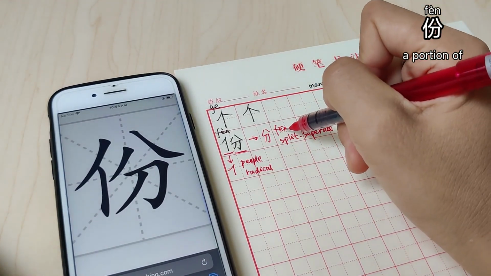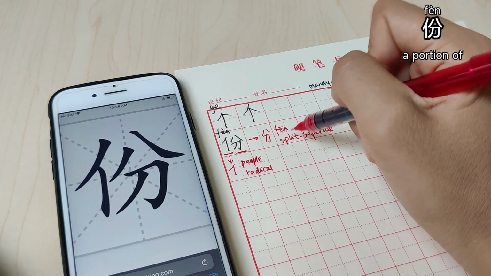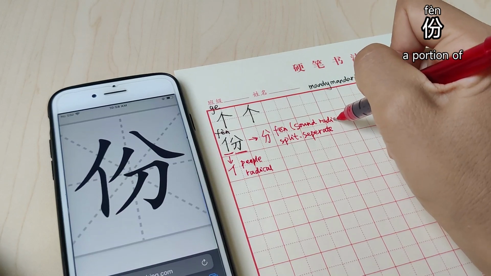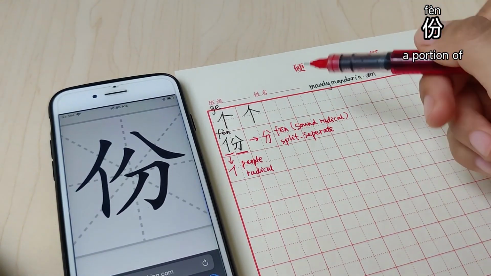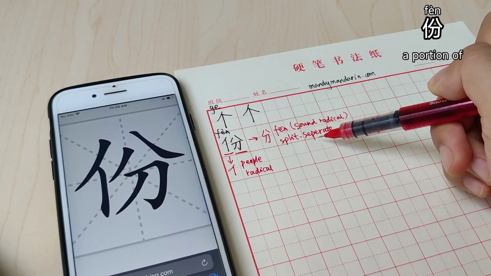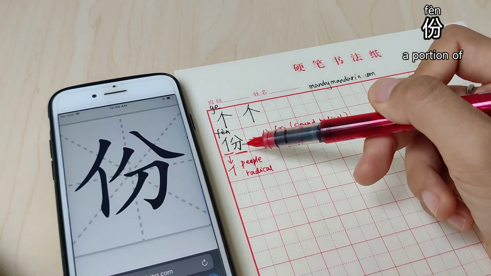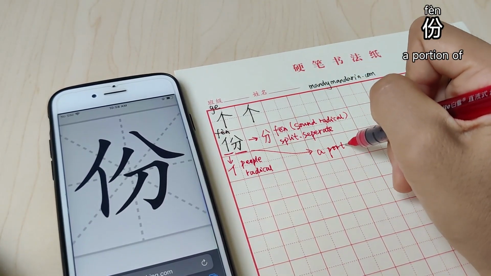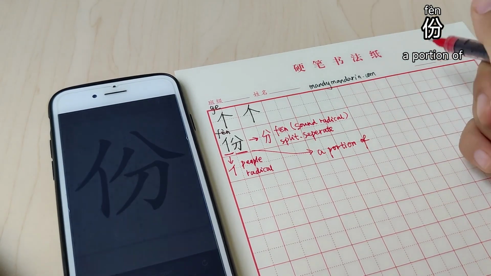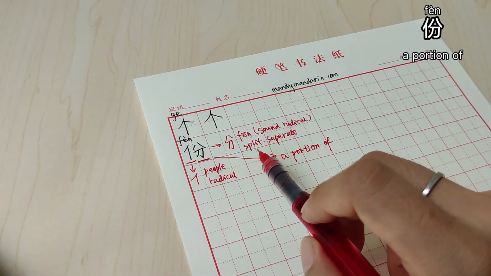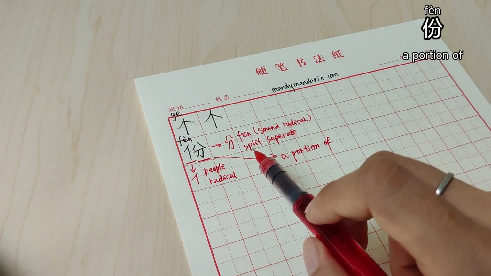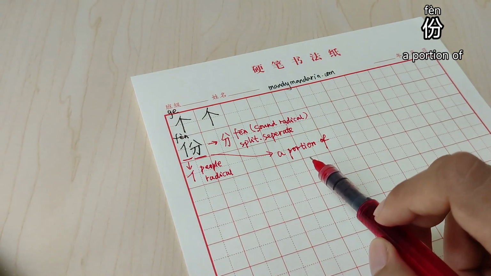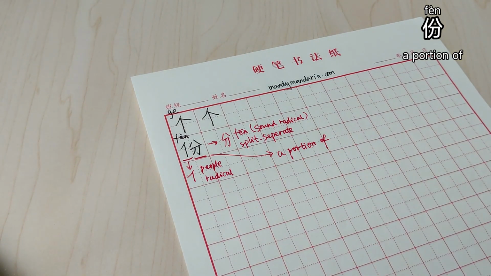Obviously, the 分 in 份 serves as a sound radical. And also, it could serve as a meaning radical, because since you need a portion of things, of course you have to split the things and give it to different people. So everyone will get a portion of things. Yeah, does that make sense?